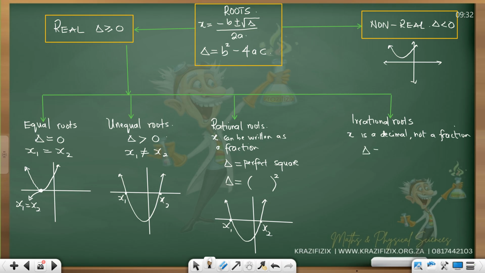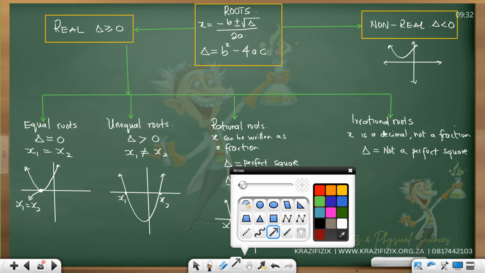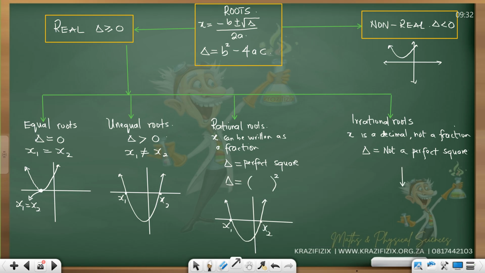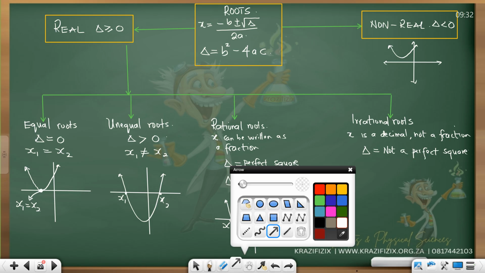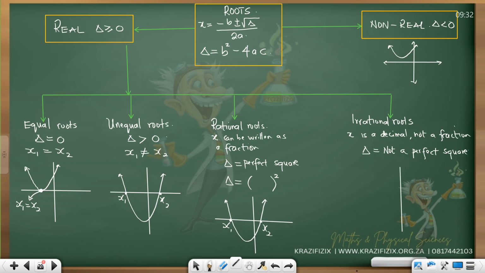This discriminant is not a perfect square. I'll have the same graph, but my x values will be decimals.